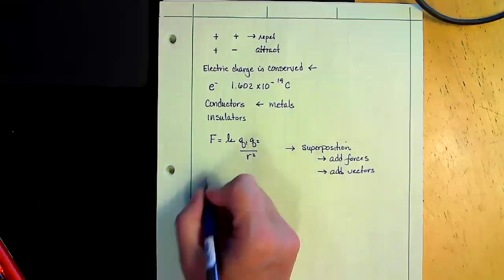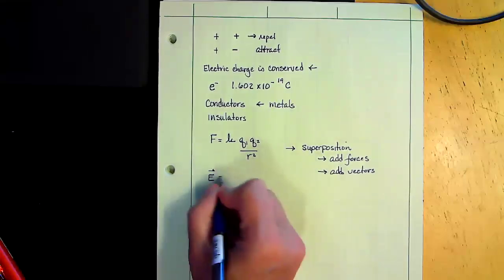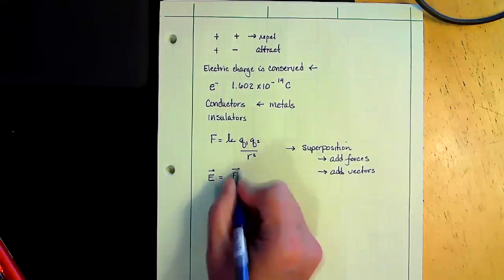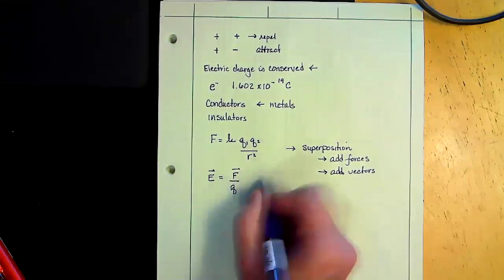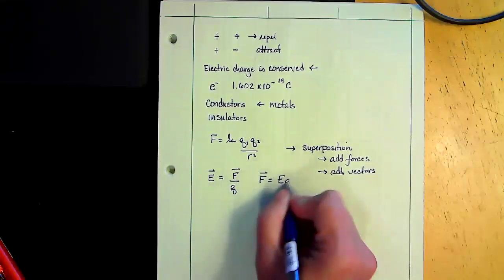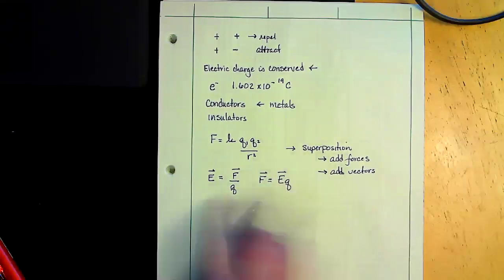Our electric field is defined as our force divided by charge, or our force is going to equal the electric field times the charge. We'll use both of those in numerous places.